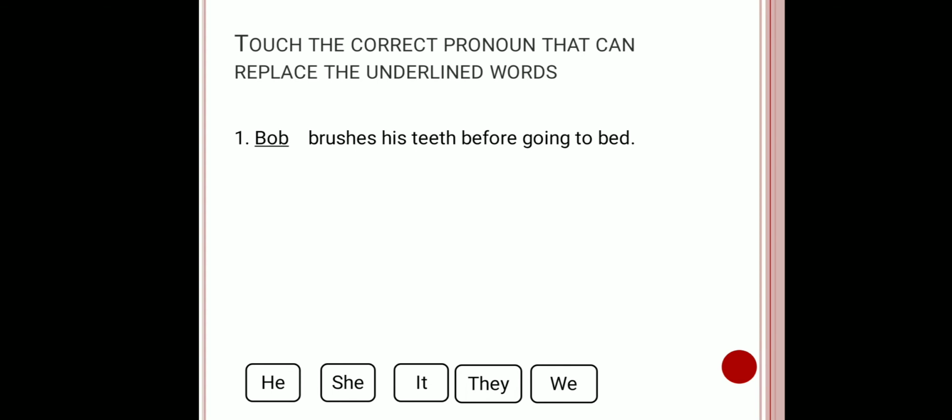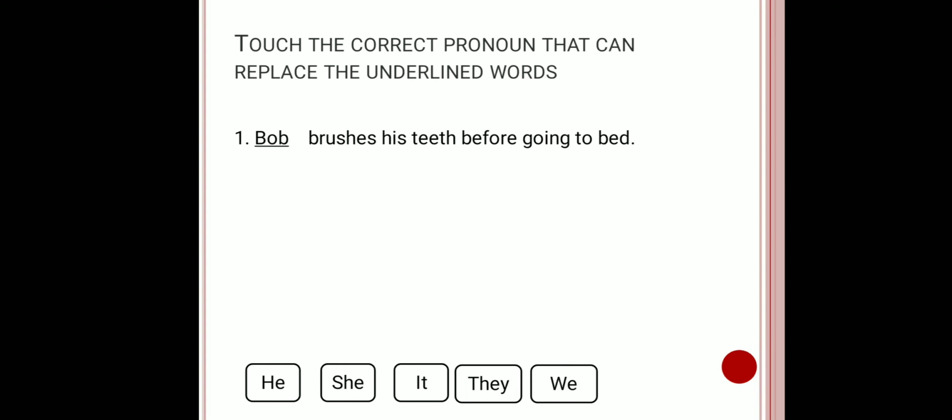Bob brushes his teeth before going to bed. So let's see. In this example, I have Bob. So Bob is a boy, right? And here it's the subject because it comes before the verb, which is brushes. So here, instead of saying Bob, I have to use the appropriate subject pronoun.